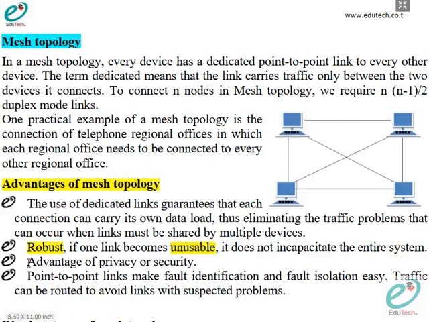Another advantage is privacy and security, because every member is connected to every other member in a network. Therefore, if your target is to send to number 4, you actually go to number 4. There is no need of passing your data through number 3. You just go straight to number 4.